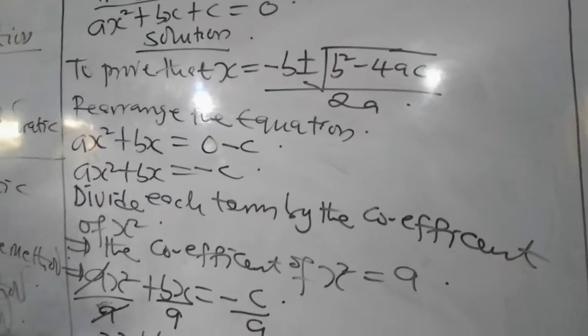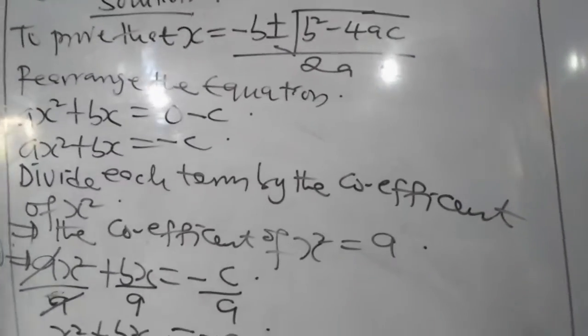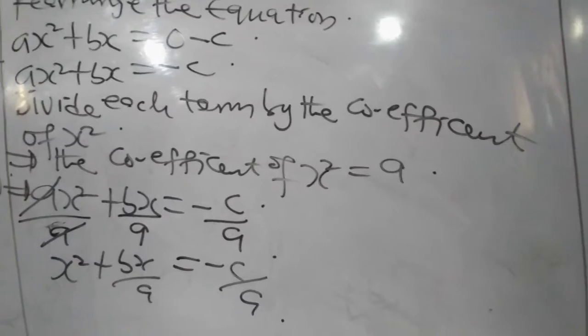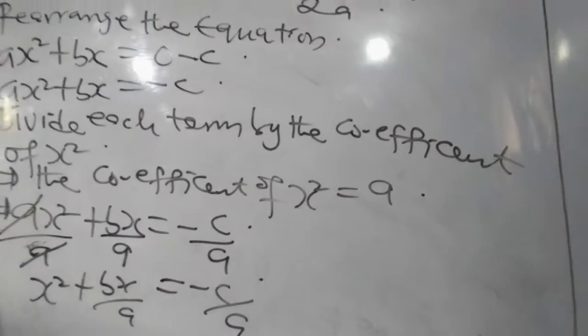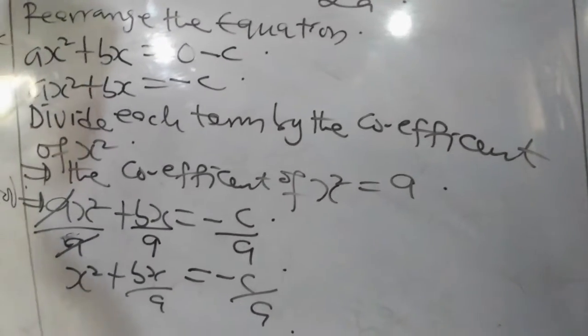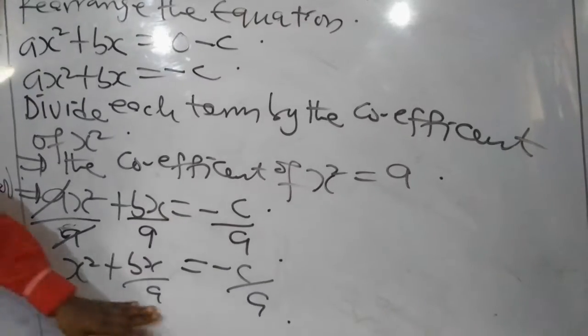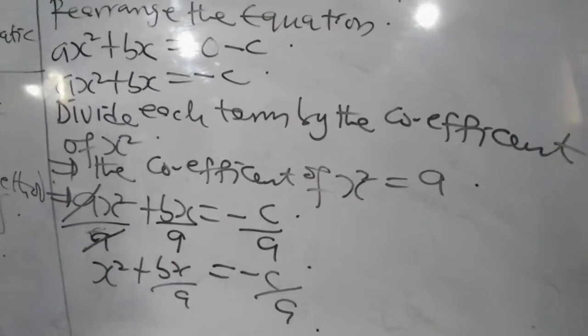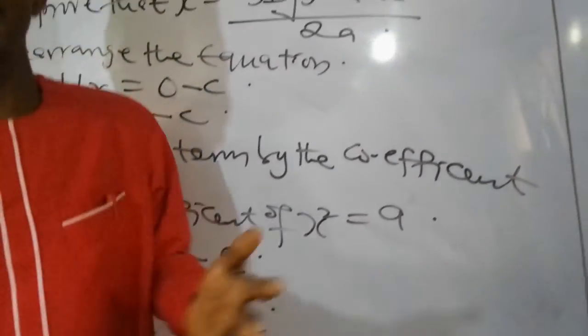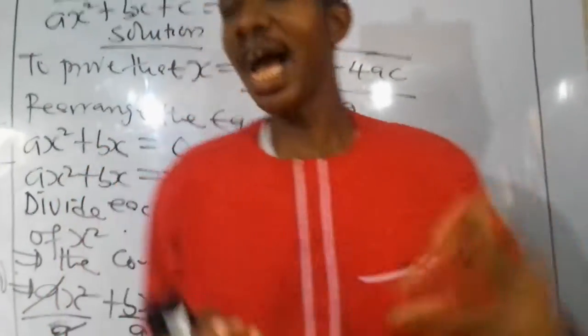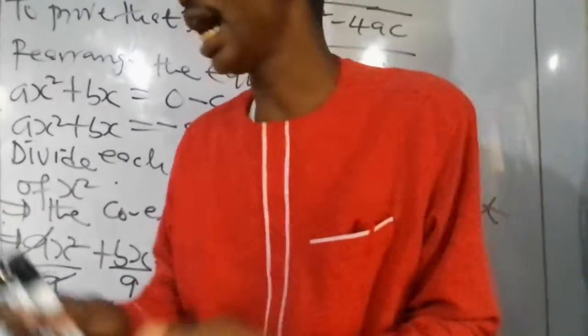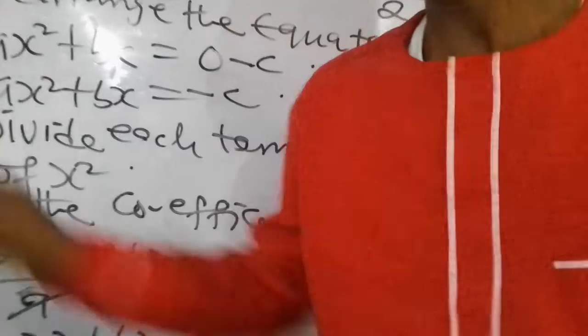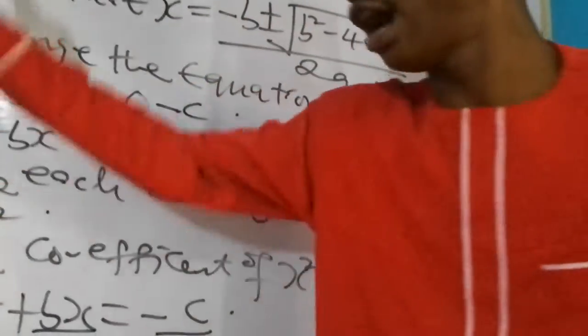Bx over a cannot be divided further, so we have to leave it like that. The next thing we need to do is to take half the coefficient of x.